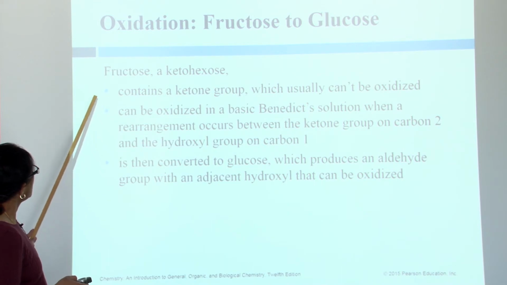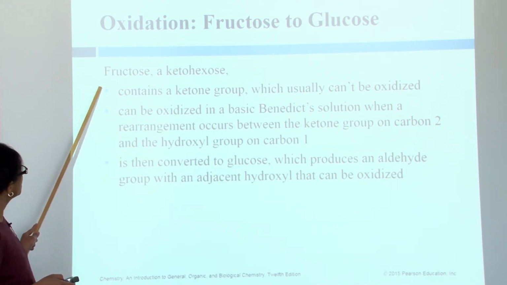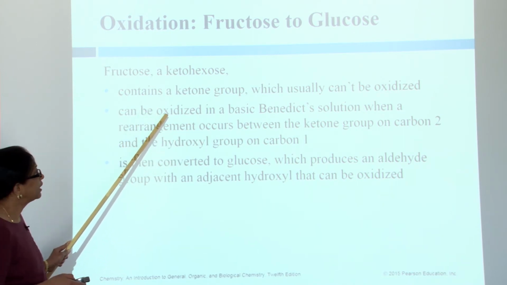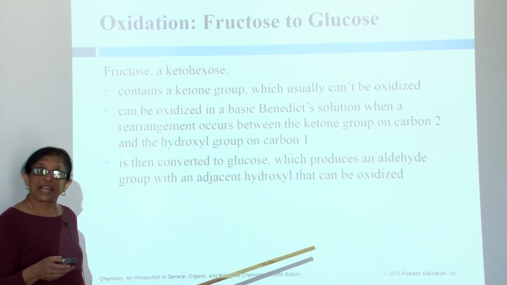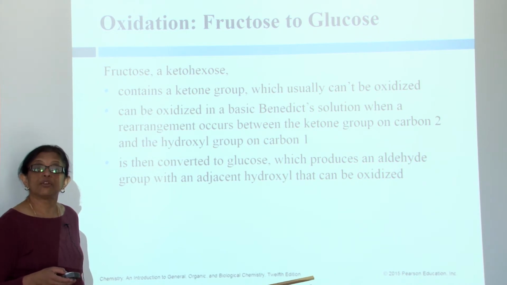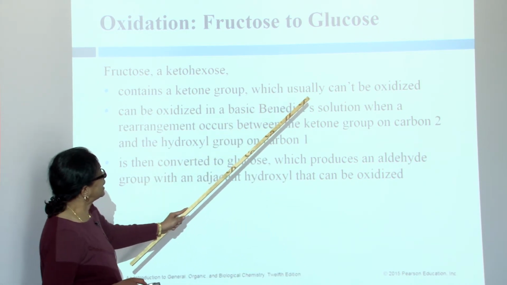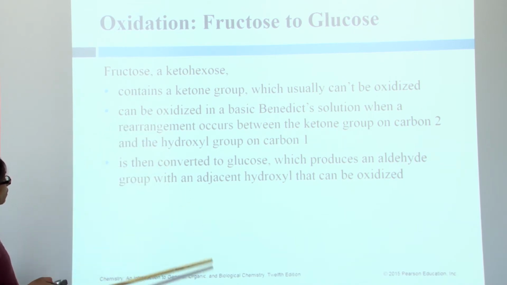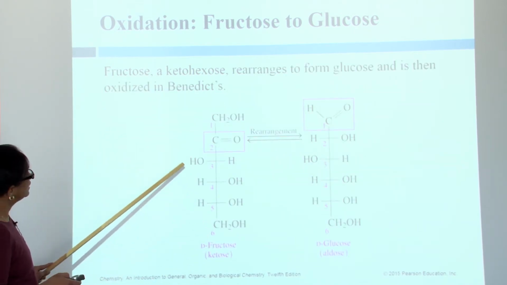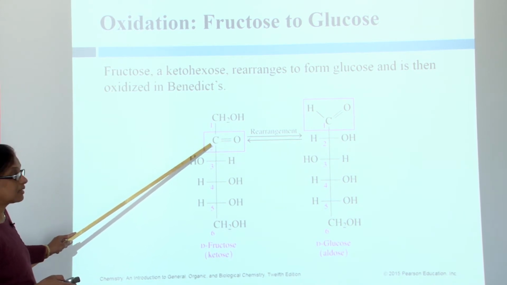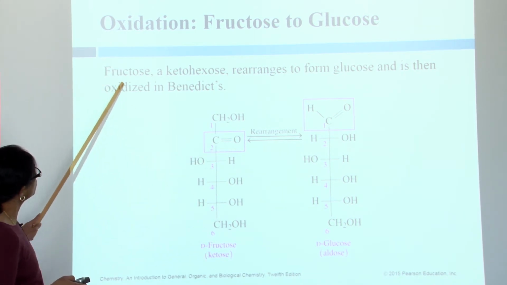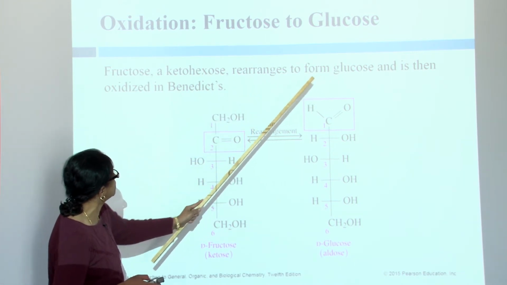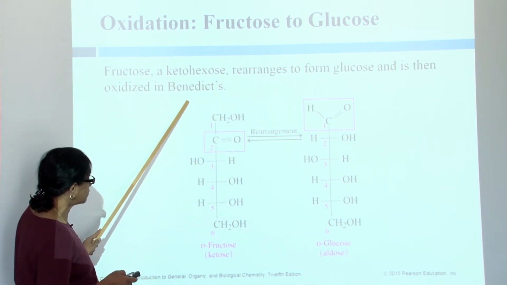Now, oxidation of fructose. Fructose is a ketohexose. It contains a ketone group. Remember, the second carbon is the carbonyl in fructose, which usually can't be oxidized. But in solution, fructose, a ketohexose, rearranges to form glucose and is then oxidized in Benedict solution.